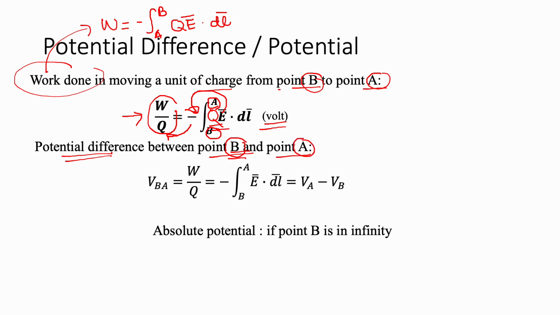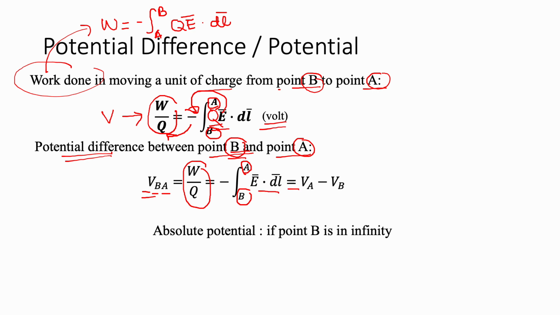Potential is usually represented in volts, so it is V. VBA equals the work done per unit charge, which is also known as the potential difference. So it equals the negative integral from the initial to the final position of E dot dl.